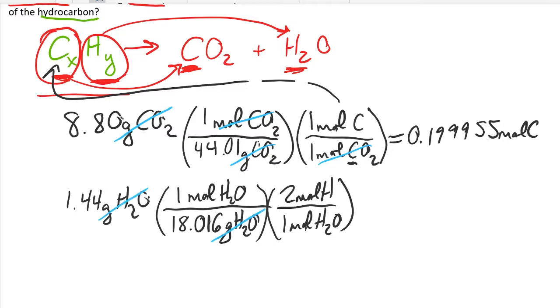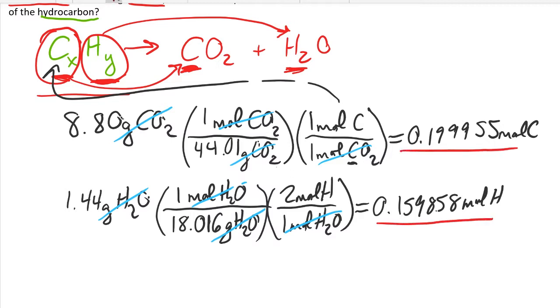Grams of water cancels, and moles of water cancels. This leaves us with 0.1598858 moles of hydrogen.